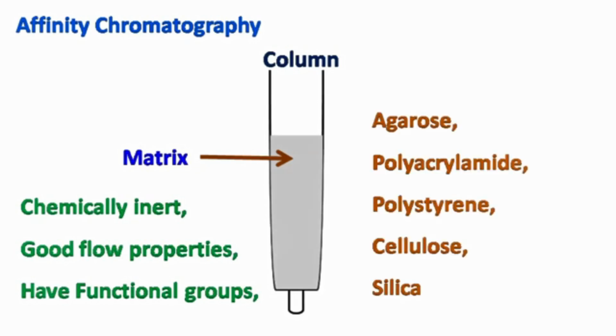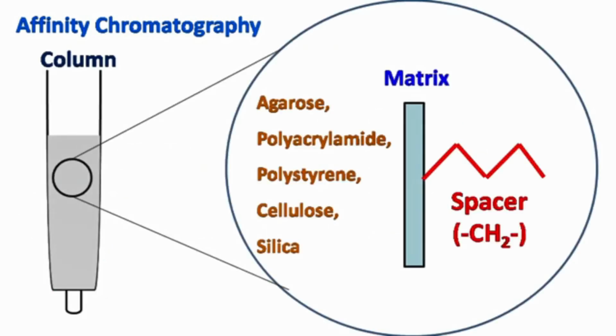Different materials like agarose, polyacrylamide, polystyrene, cellulose, silica, etc. can be used as a matrix. The matrix is attached with a spacer arm, which is usually made up of CH2 groups. The presence of the spacer prevents non-specific interaction of the ligand with the matrix itself.